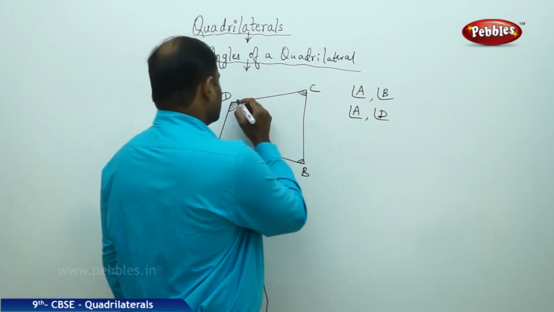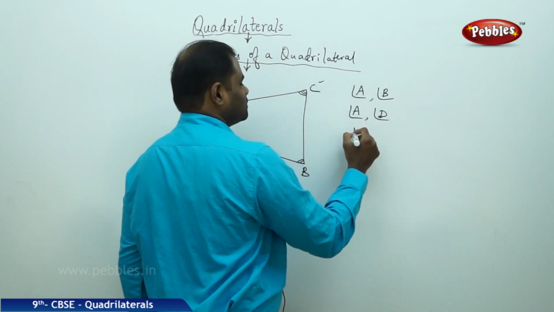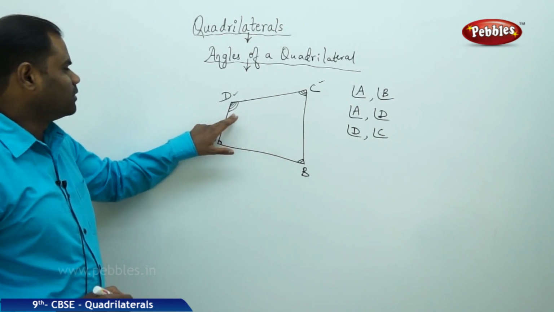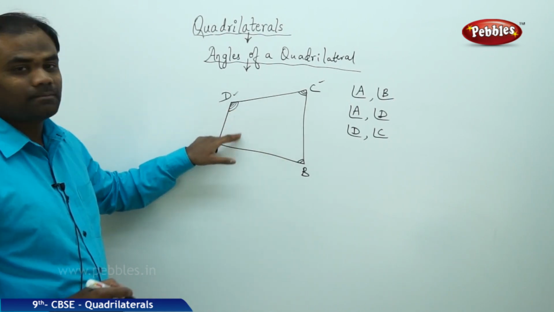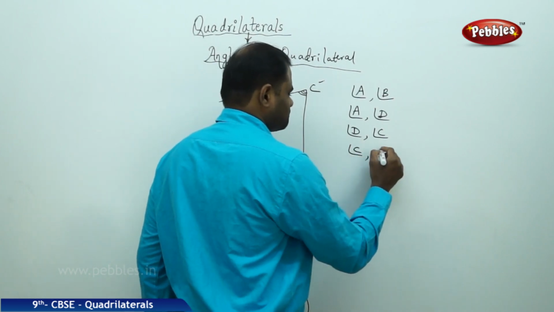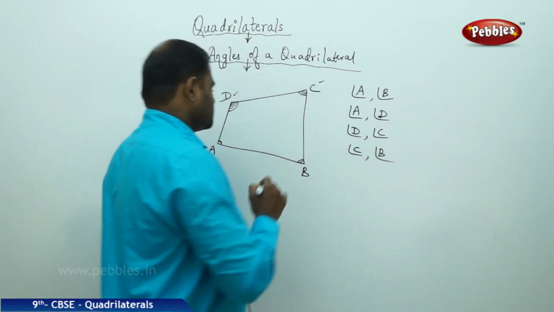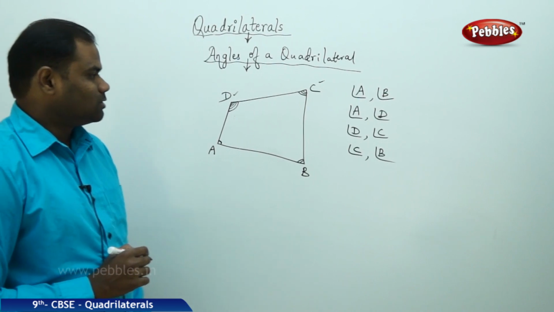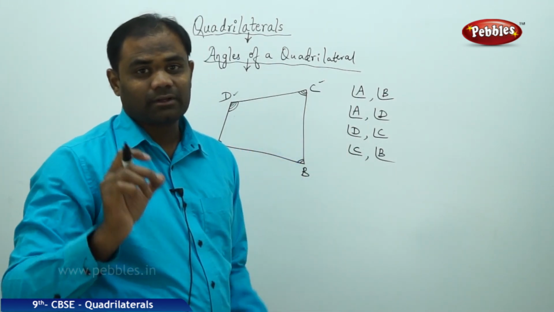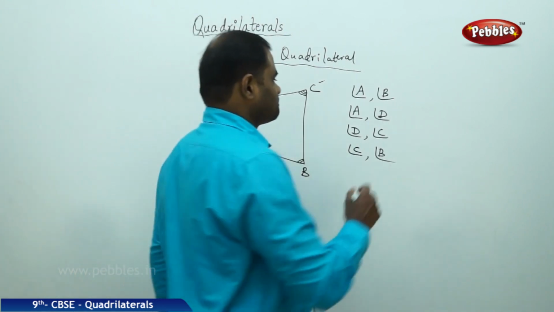And similarly, when I take D and C, they are side by side. Therefore, they are adjacent to each other. And similarly, C and B are adjacent to each other. So these are the four pairs of adjacent angles which are identified in the quadrilateral ABCD.